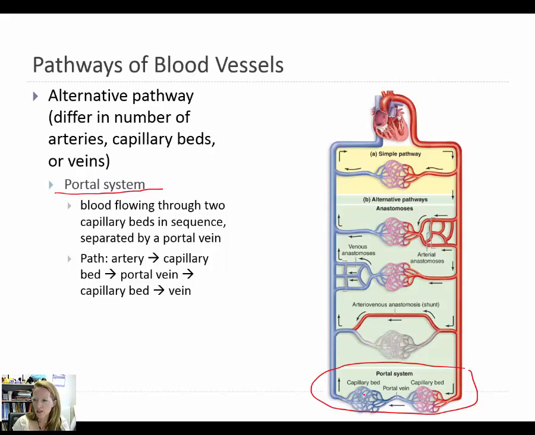So there's the other capillary bed, and then that capillary bed is going to drain into a venule, into a vein. So there's this example with the hypothalamus and anterior pituitary, the hypothalamo-hypophyseal portal system. You will take a look at this at the very end of the chapter, and we'll take a look at the hepatic portal system as well.